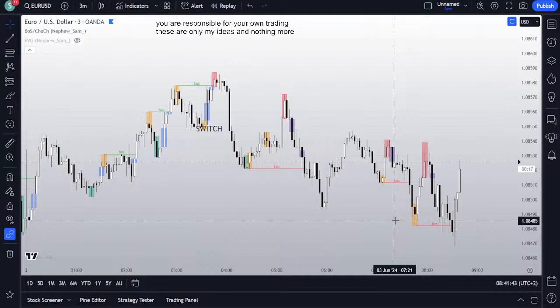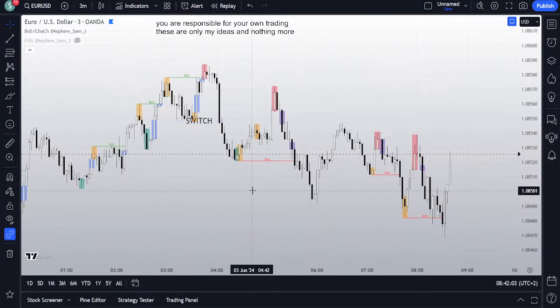Well, I don't know if I agree with that. And this indicator outlines some gaps: blue up, purple down, and green is supposed to be OB up, and red is supposed to be OB down.